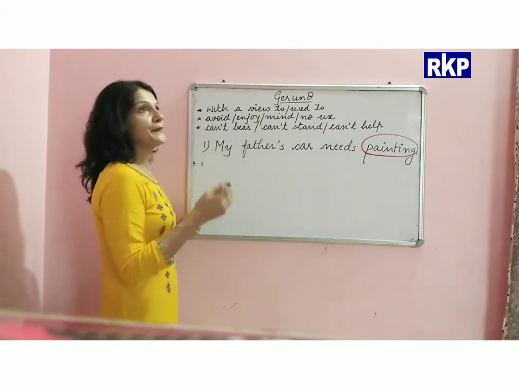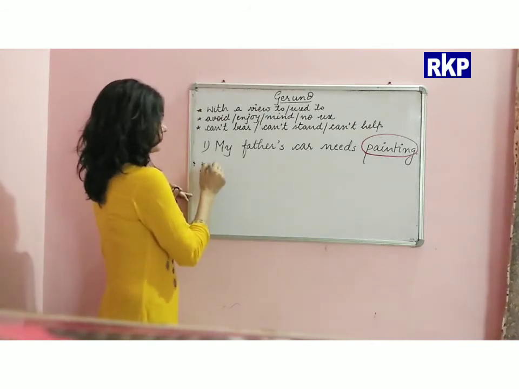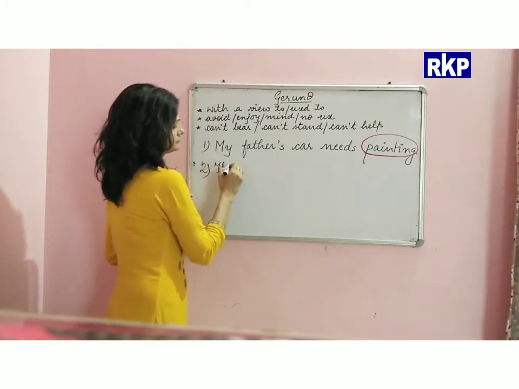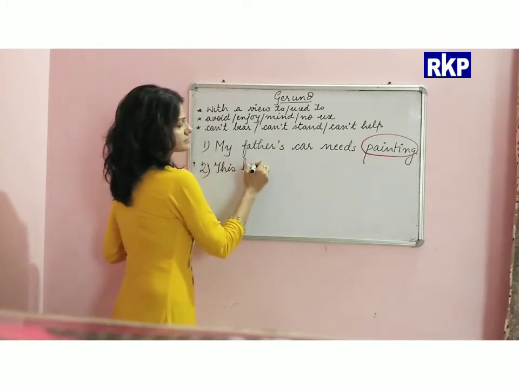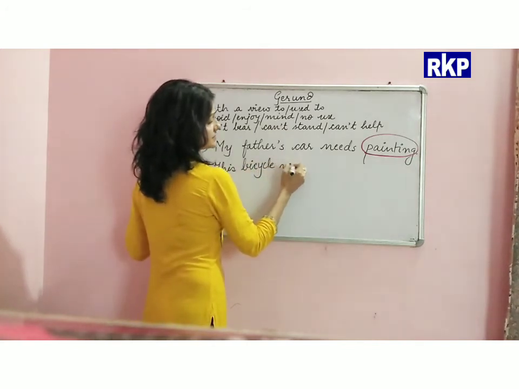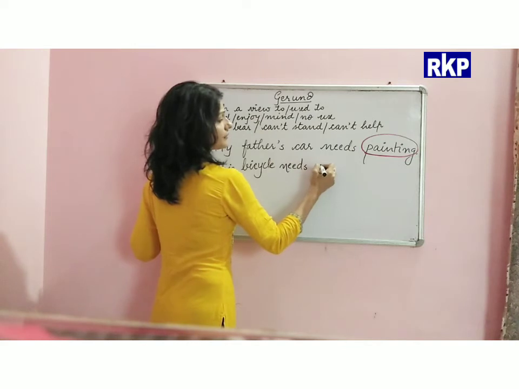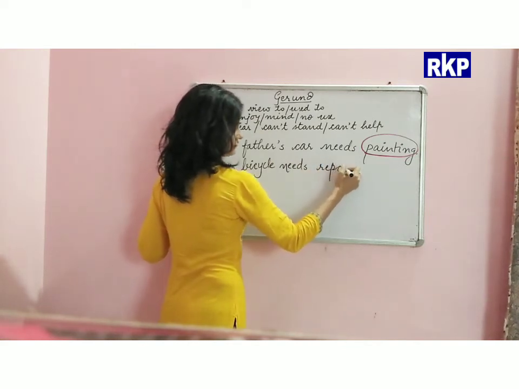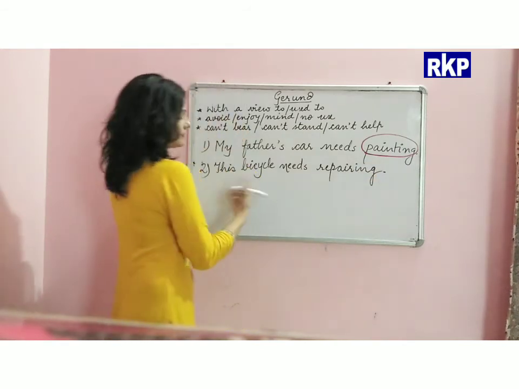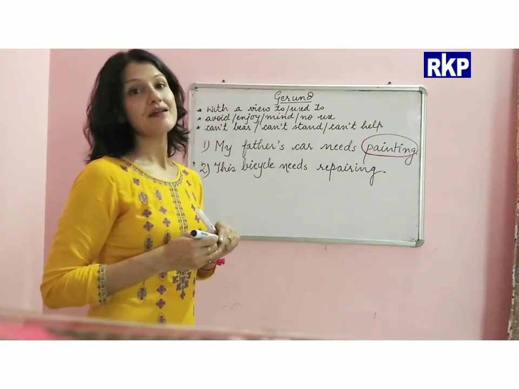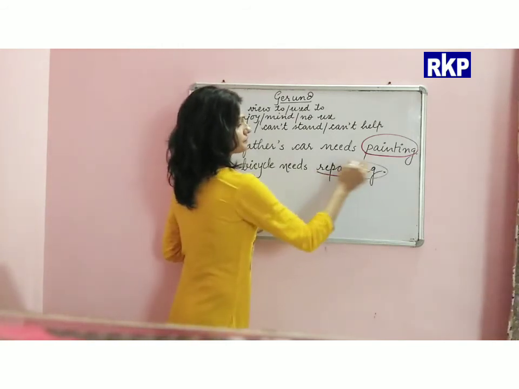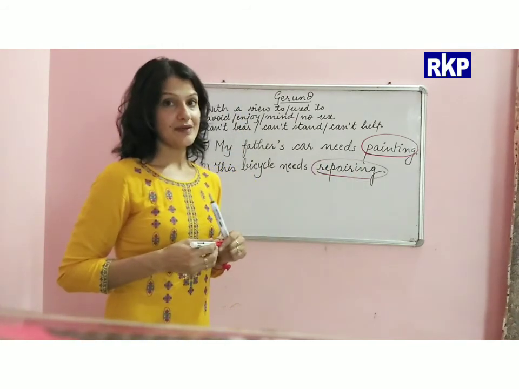Next we can say, this bicycle needs repairing. If you see here, beta, this is the gerund, right?